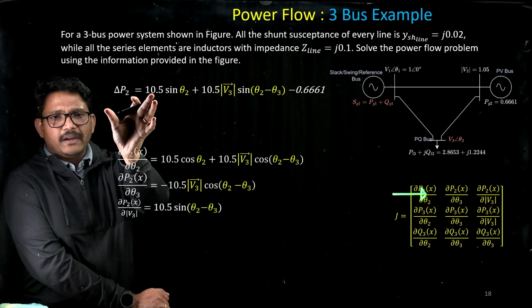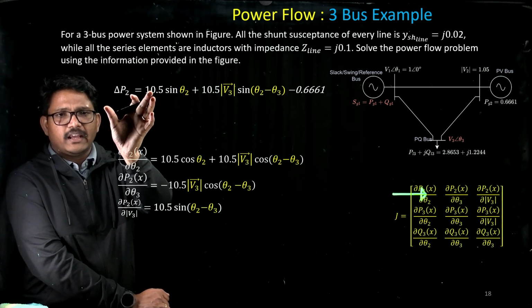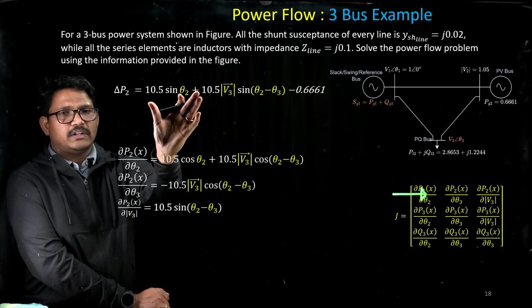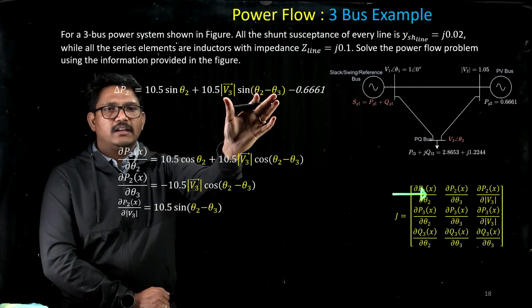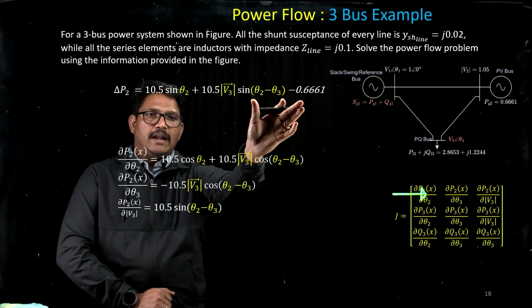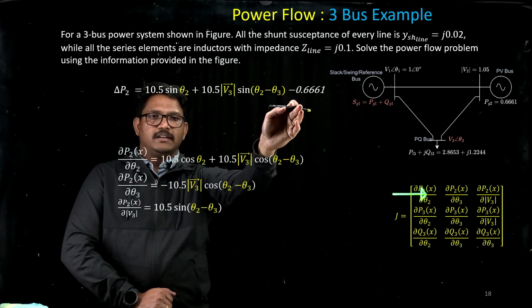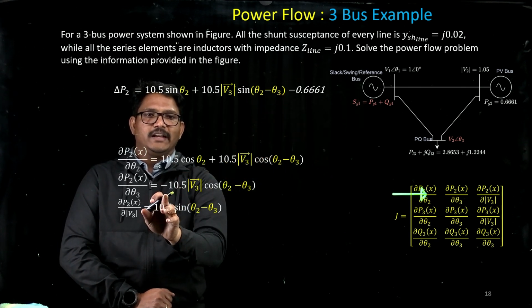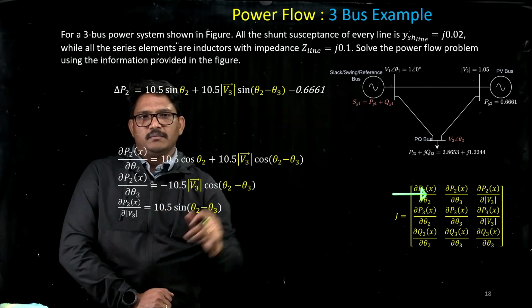Similarly, for delta P2 differentiation with respect to theta 3, the first term doesn't have theta 3, so that will become 0, and the sine of theta 3 is available, so that becomes cos, and again you need to differentiate that minus theta 3, that's where you will get this negative here, and the constant term will be 0.